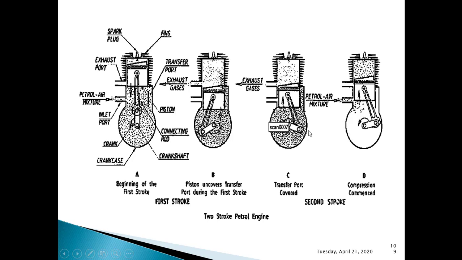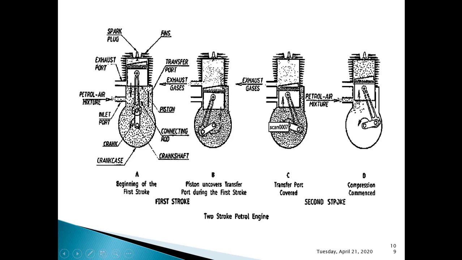Yes, you can see here directly. In this case, I will take diagram 4, that is our diagram D. Here the piston, which is at bottom dead center, is moving towards top dead center, and when it starts to move towards top dead center, first it uncovers this inlet port.